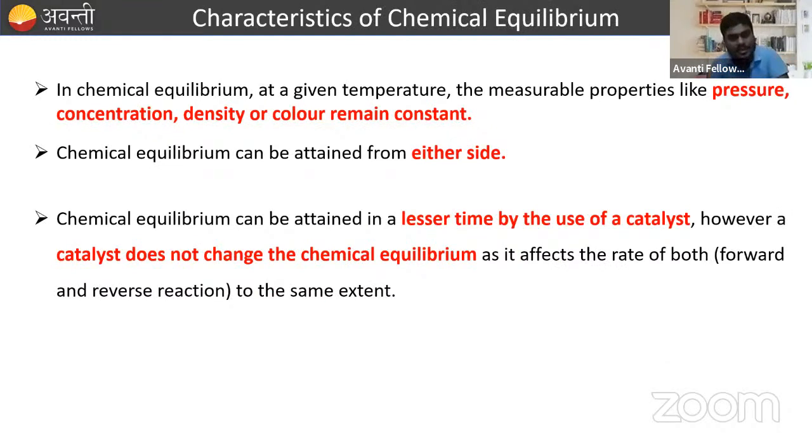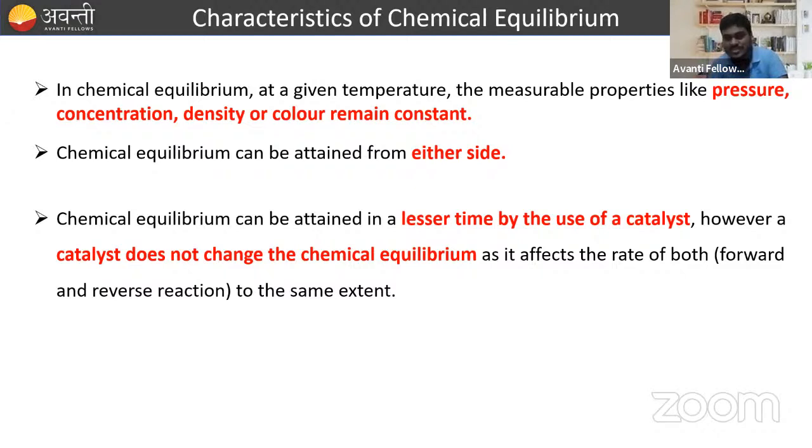So, what are the characteristics of chemical equilibrium? Basically, in a chemical equilibrium at a given temperature, the measurable properties like pressure, concentration, density, or color remain constant, right? A chemical equilibrium can be attained from either side. Chemical equilibrium can be attained in a lesser time by the use of a catalyst.